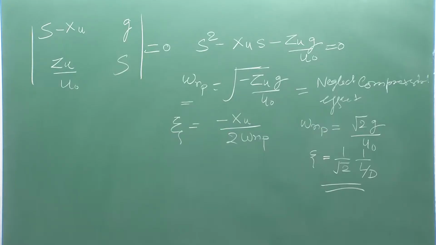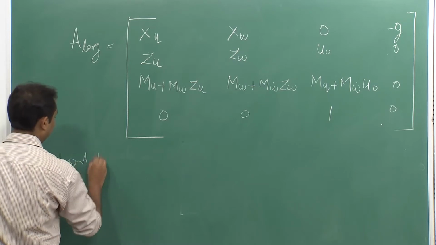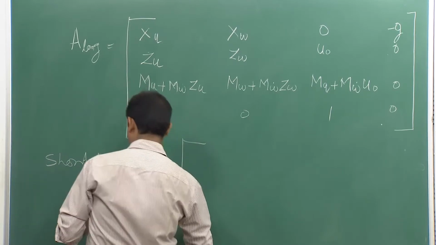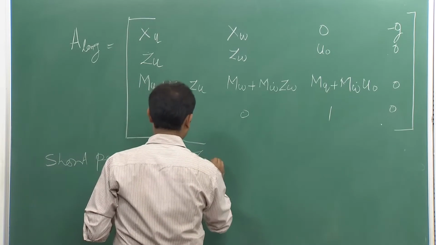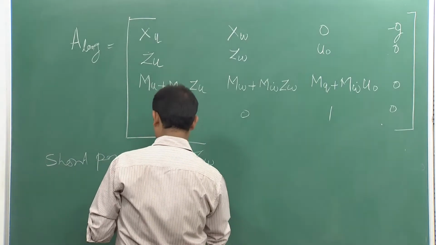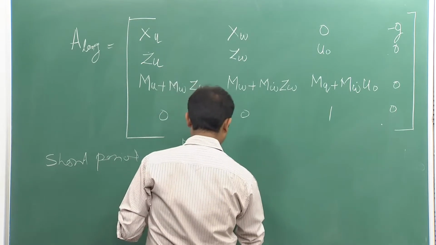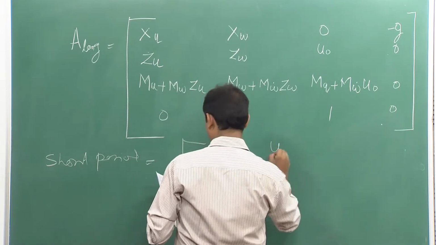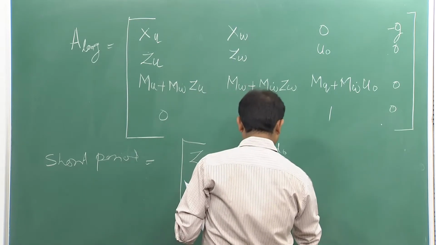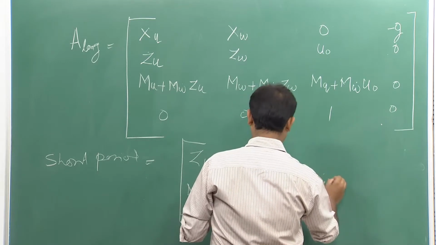For short period mode, the matrix was given by Z W, M W dot plus ZW U naught, MQ, that is M of omega dot into U naught.